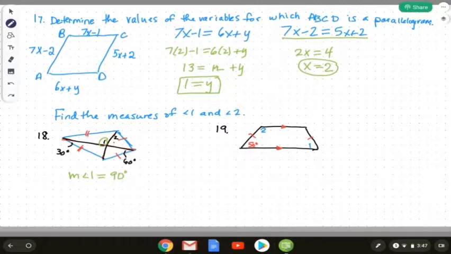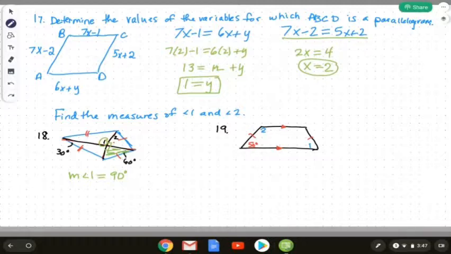Okay. And then I'm looking for the measure of angle 2. Since angle 1 is 90, so are all the angles around this intersection of diagonals, which helps me figure out what some of these angles are. If I'm looking at this triangle, this triangle is also congruent to the one that has angle 2 in it.